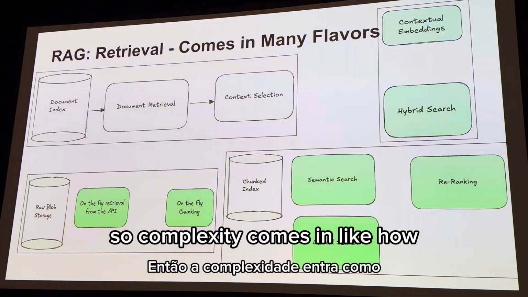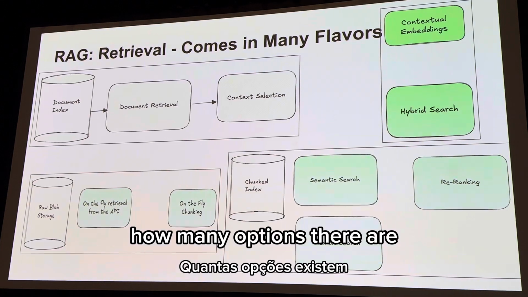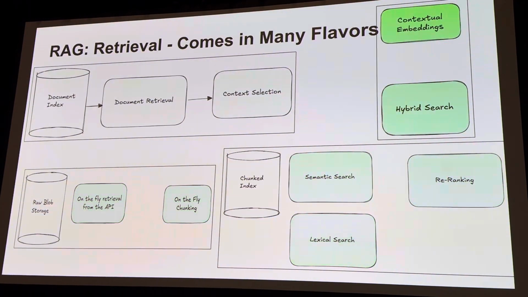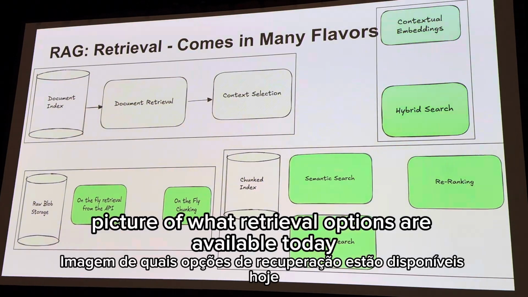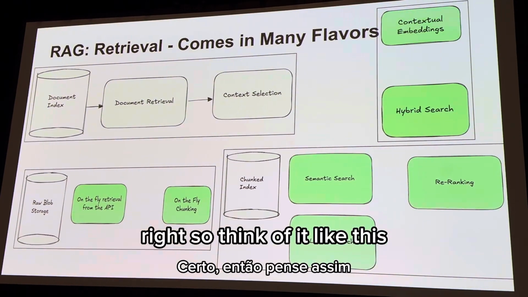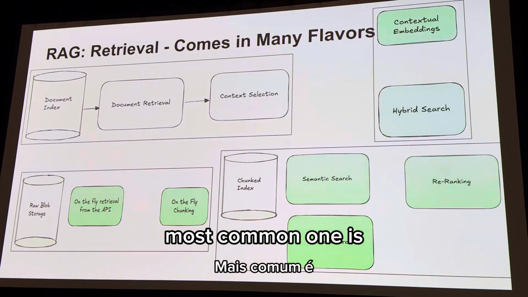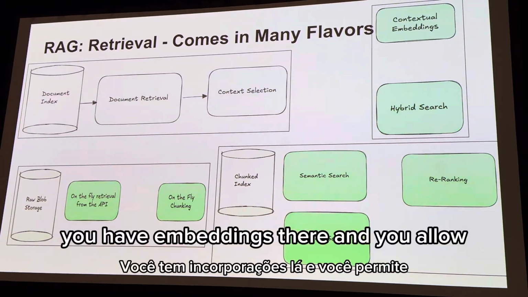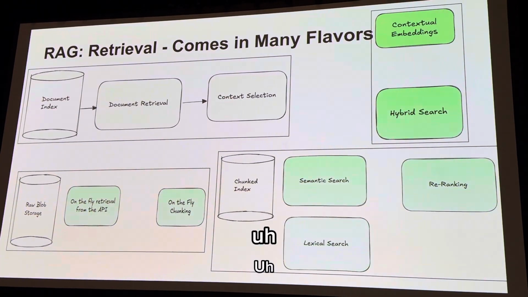The complexity comes in with how many options there are in building your RAG systems. This is an extremely oversimplified picture of what retrieval options are available today. Think of it like this. The most common one is, let's say you build a vector index, you have embeddings there, and you allow semantic search.